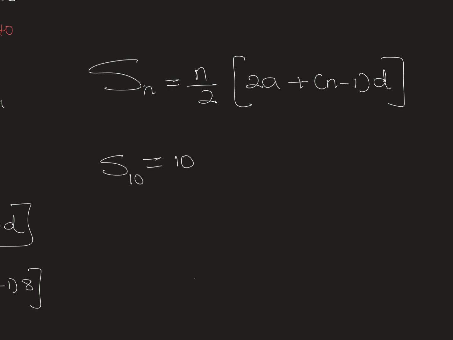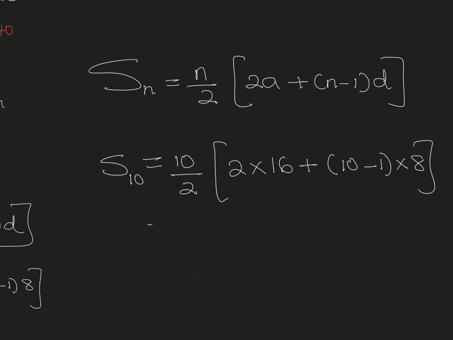That will be 10 over 2 into 2 times a, the first term is 16, plus n, which is going to be 10 minus 1 times the difference in this sequence, which is 8. So that will be 10 over 2 is 5 into 2 times 16 is 32 plus 10 minus 1 is 9, then multiply that by 8.